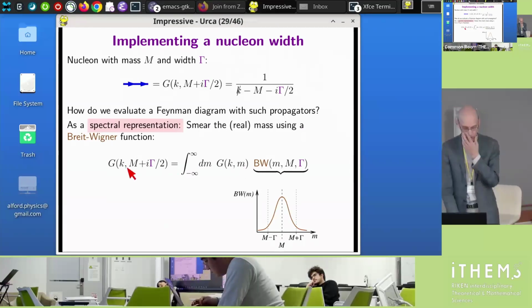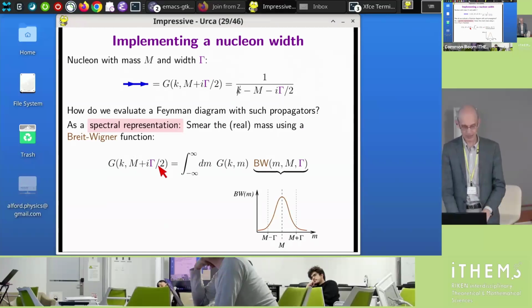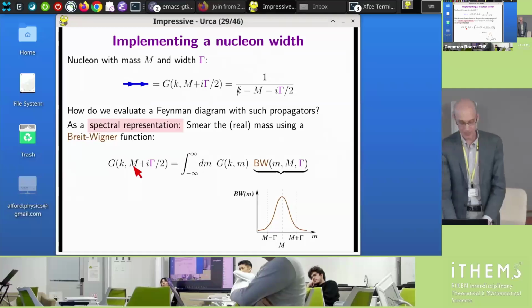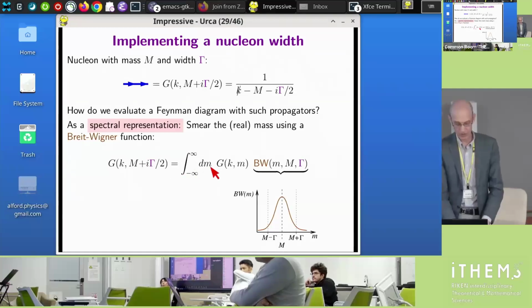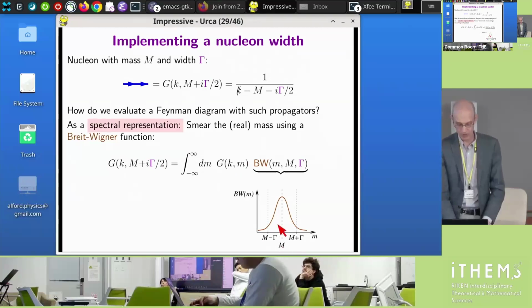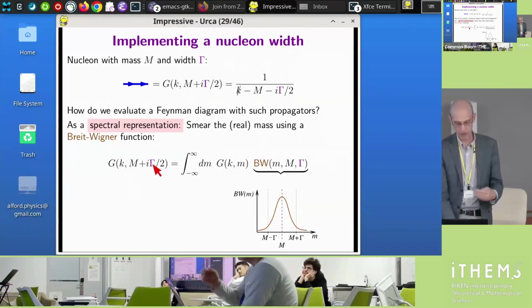This is just a simple identity: pushing that pole off the real energy axis is equivalent to saying this mass is not just the mass we thought it was, but we're going to integrate over propagators with that mass plus a range of values either side, weighted by this Breit-Wigner function, which is peaked where the real part of the in-medium mass is, but now it has some width, and hence the name width, that says either side of it, there's some amplitude for the mass in this propagator to be bigger or smaller than the central mass by some amount, gamma or 2 gamma or something like that.